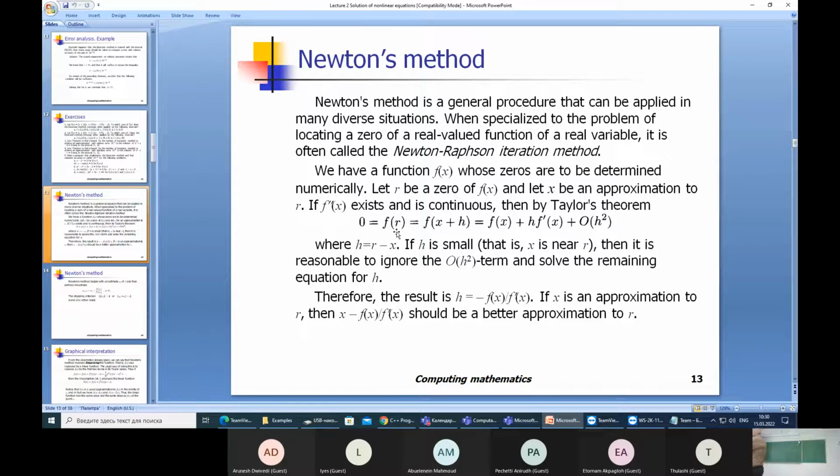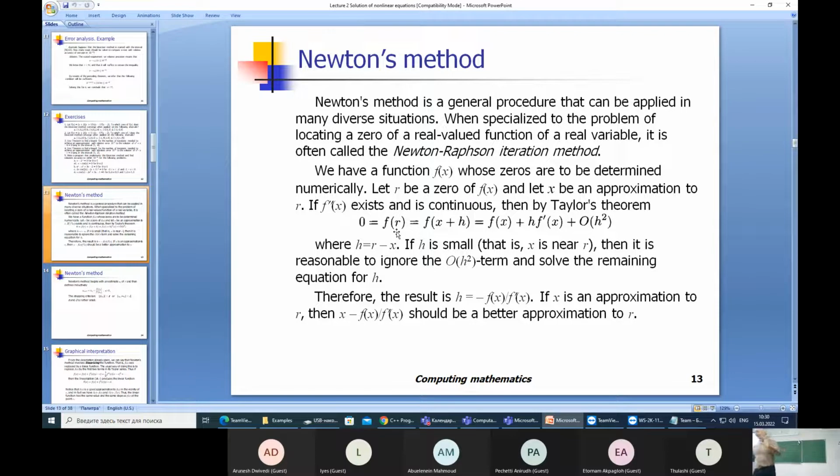And the next supposition is that x is close to R. It's not very far. And in this case, h will be small. And what happens if h is small? What do I mean by the word small?